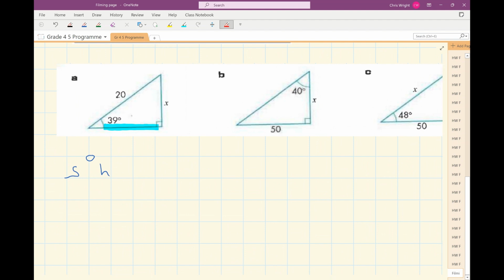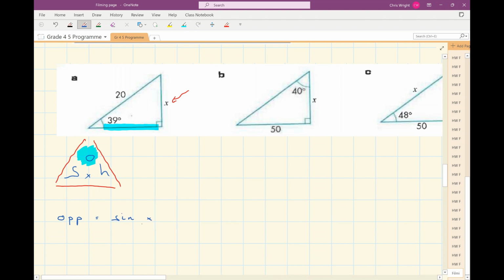Now, next question. Which side are we finding? We're finding the opposite. So now we can use this formula triangle to work out how to find the opposite. I'm going to cover up the letter O for opposite. And so this formula triangle tells me that the opposite is going to be sine the angle times the hypotenuse.